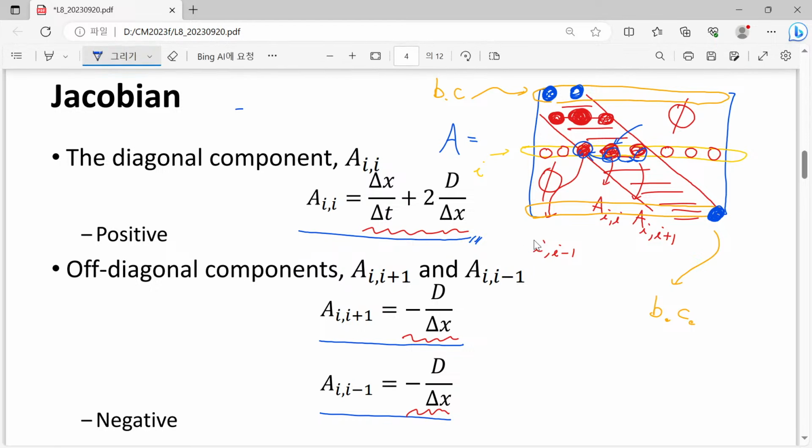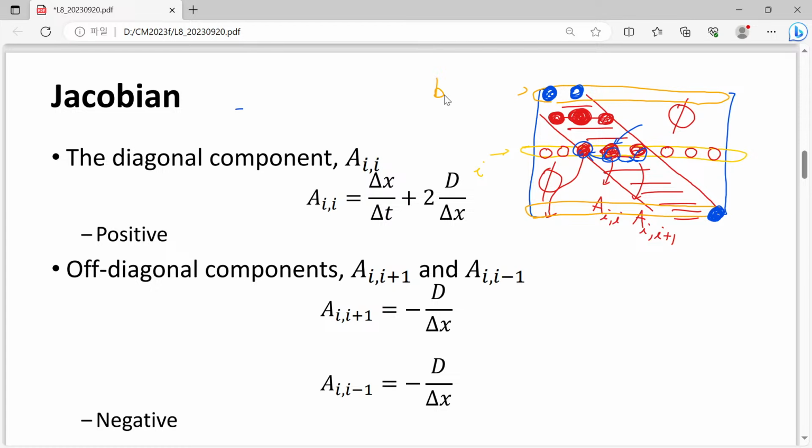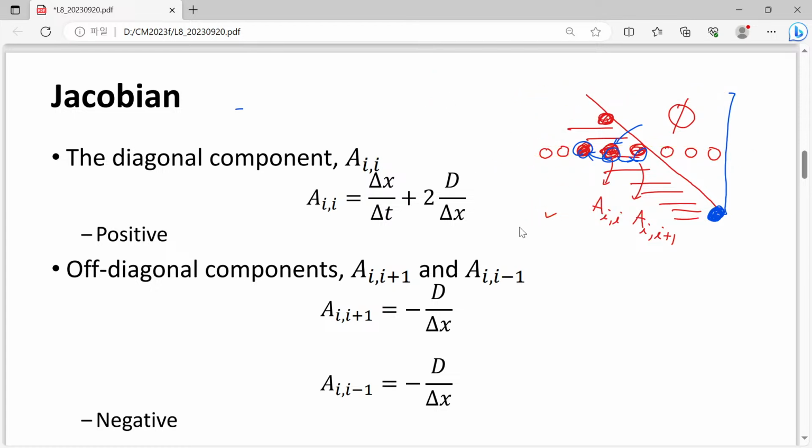So this is quite specific to our 1D case. Anyway, we have already evaluated the Jacobian matrix. So now you can evaluate the Jacobian matrix and construct the matrix A for your use. Do you have any question?